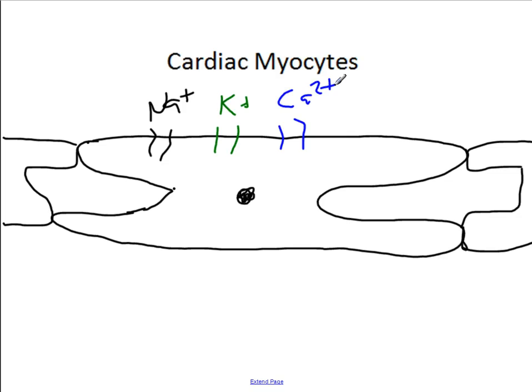These are voltage sensitive channels or gates, and these open and close based on electrical changes within the cell itself. And you know that sodium channels are only permeable to sodium, potassium channels are only permeable to potassium, and you can do the math with calcium. All right. And then they just open and close at certain times, depending on which event is occurring during the action potential.